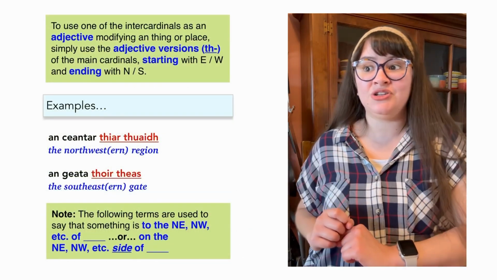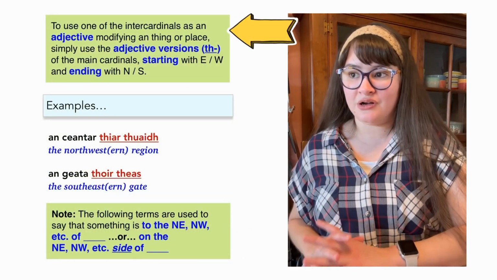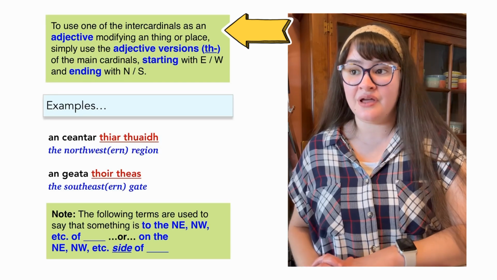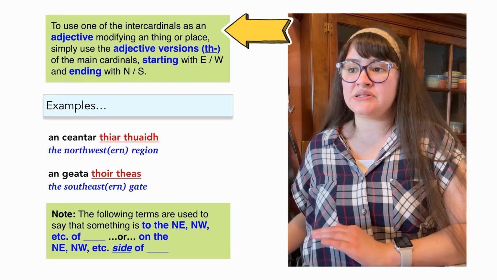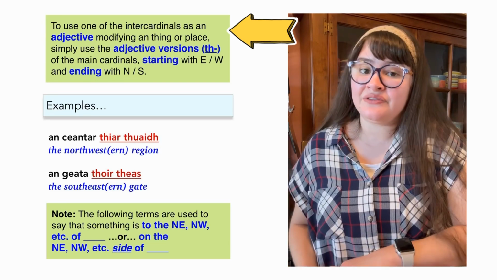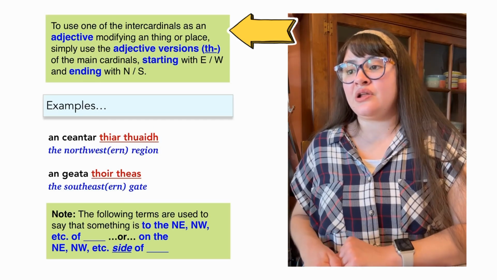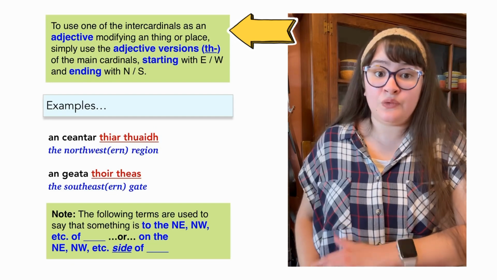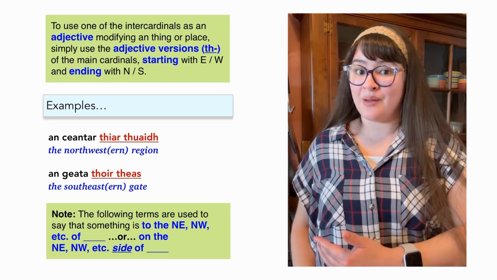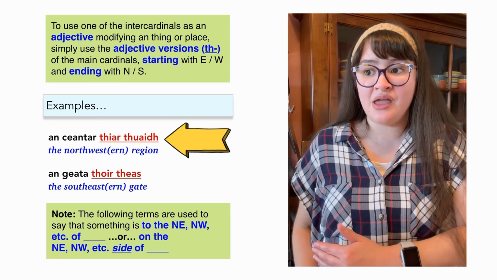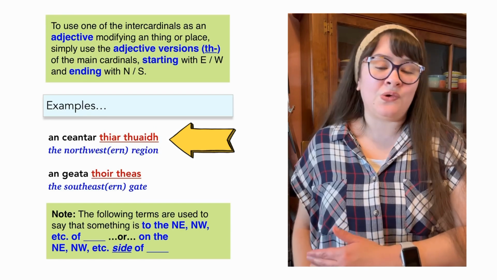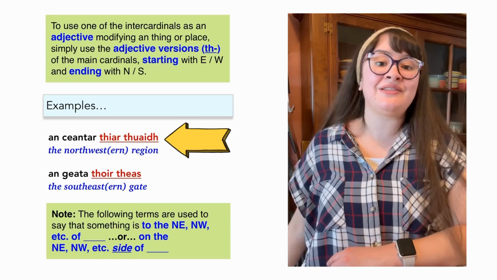Top of the next page, to use one of the intercardinals as an adjective modifying a thing or a place, simply use the adjective versions that start with th of the main cardinals, starting with east or west and ending with north or south. So, for example, a canter here hui, the northwest region, or the northwestern region, however you want to think about it.